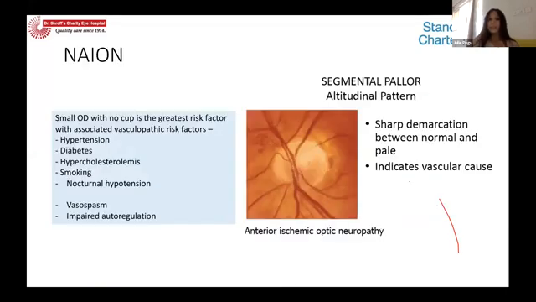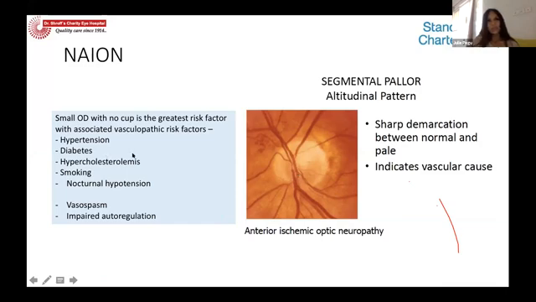The third cause is a non-arteritic ischemic optic neuropathy. So these are the discs at risk. This usually happens in a very small optic disc with no cup. When so many axons go through a scleral tunnel, they have axoplasmic stasis, and when the axons swell up, they lead to more ischemia, and then you get a picture like this.